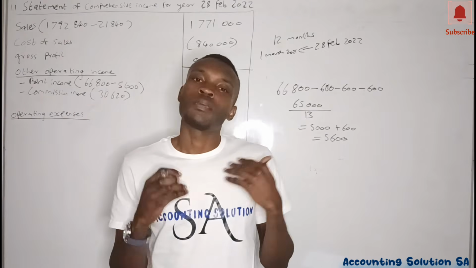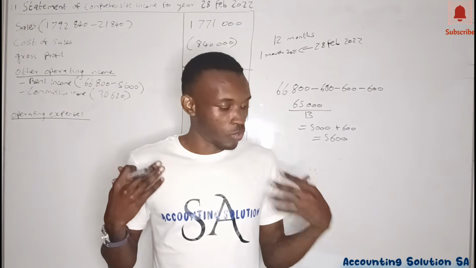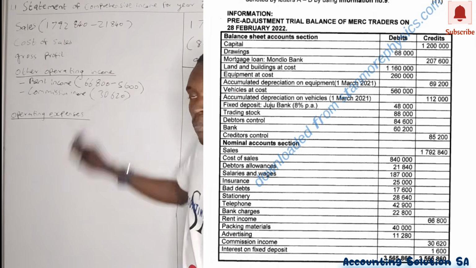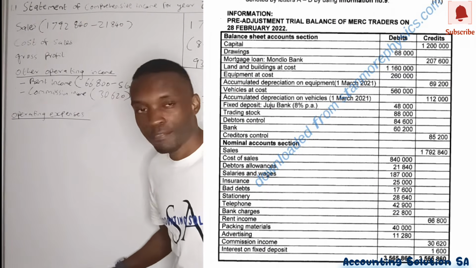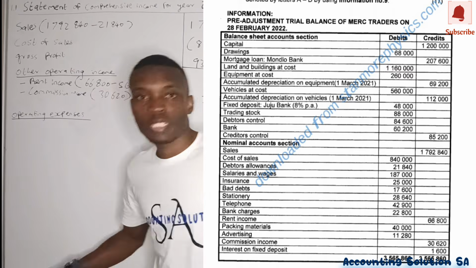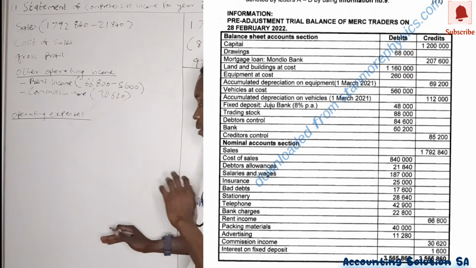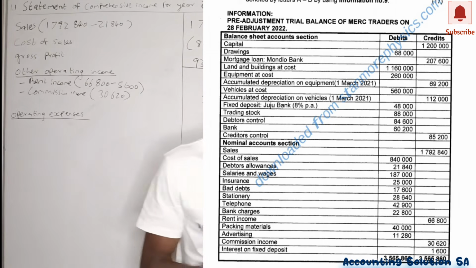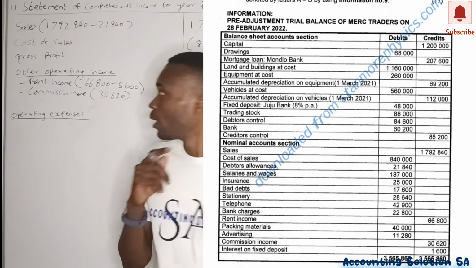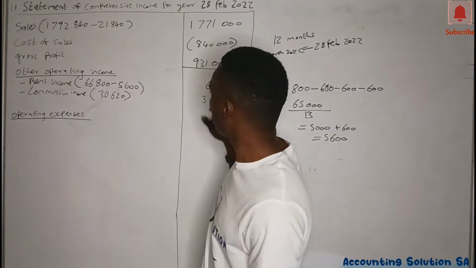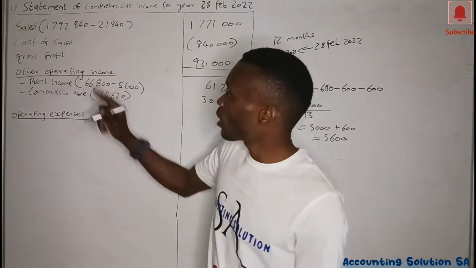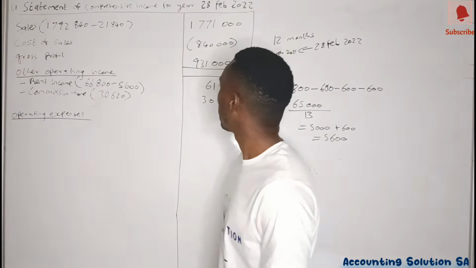Now again on the credit side, we have interest on fixed deposit. Guys, make sure that you don't recognize interest on fixed deposit under other operating income. We're going to do it in the last part. I'm going to explain the finance part at the end. Now let's proceed. You just have to add these two, and it's going to give you the amount of other operating income.